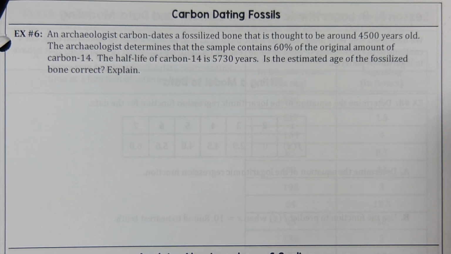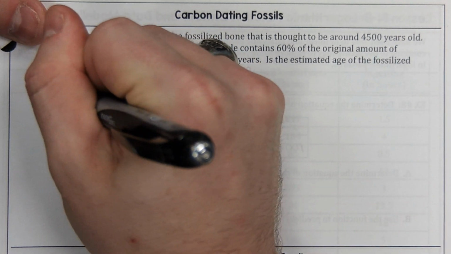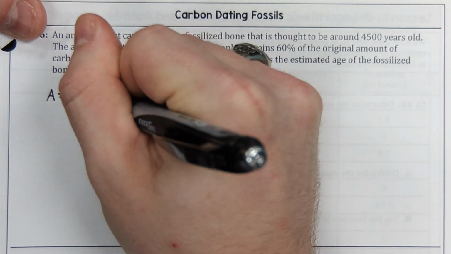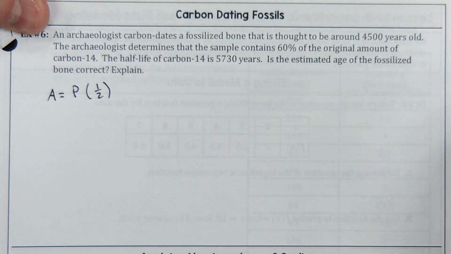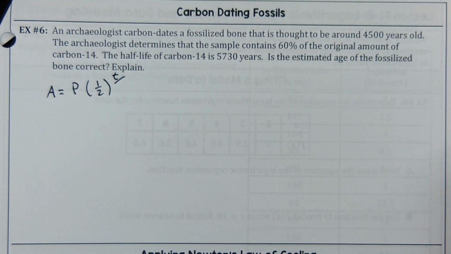In order to do this, you are going to need to be able to write a half-life formula, and you are responsible for knowing how to write a half-life formula because it is an exponential function. Half-life means literally you're multiplying by 1/2. So the formula for half-life, and yes, you do need to know how to do this, is, and then it's time in years divided by the length of the half-life.